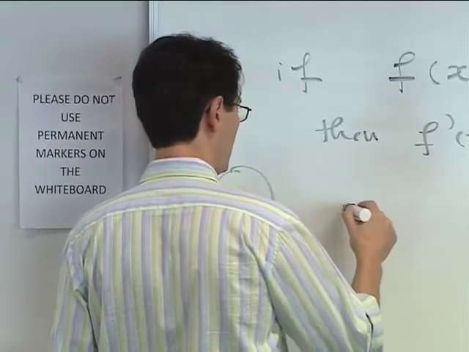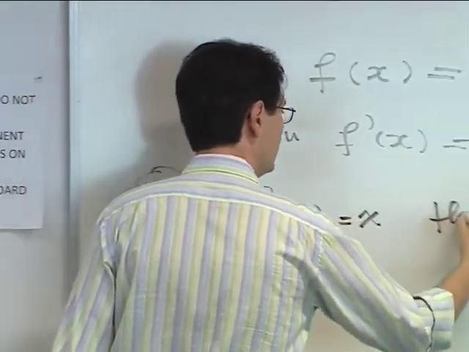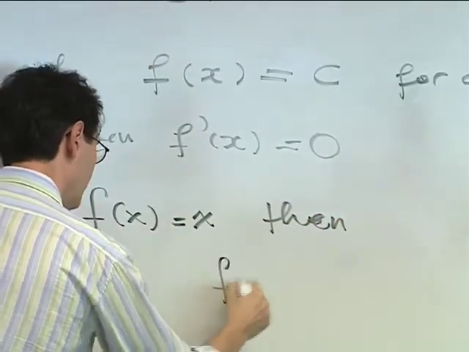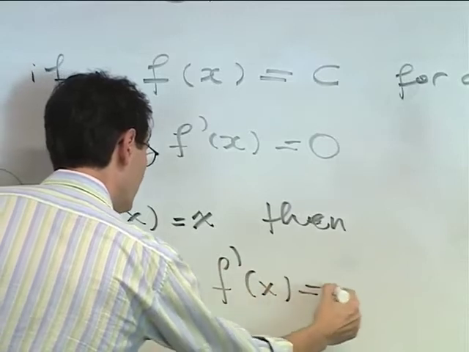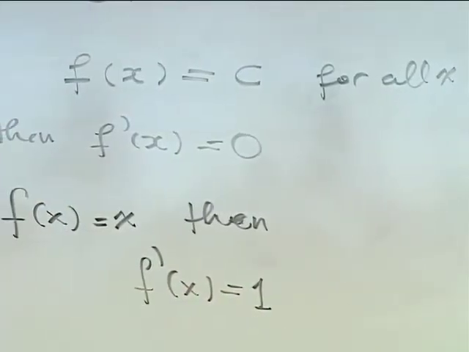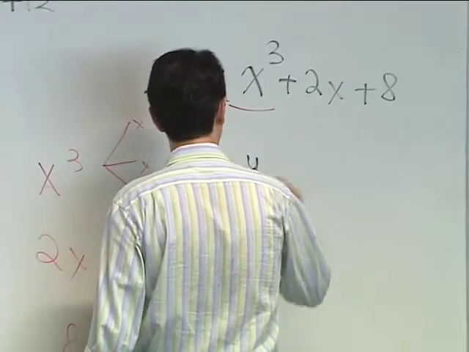2. If f of x is equal to x, then f prime of x is equal to 1. I'm going to justify that one as well. f of x equal x is a straight line.